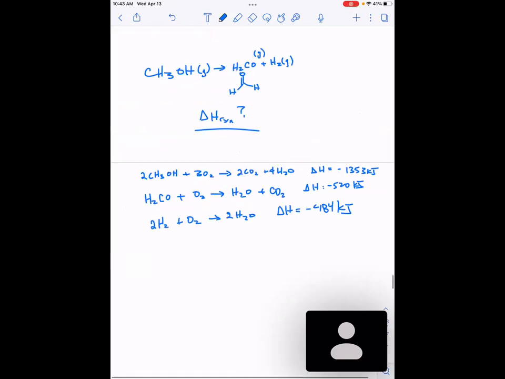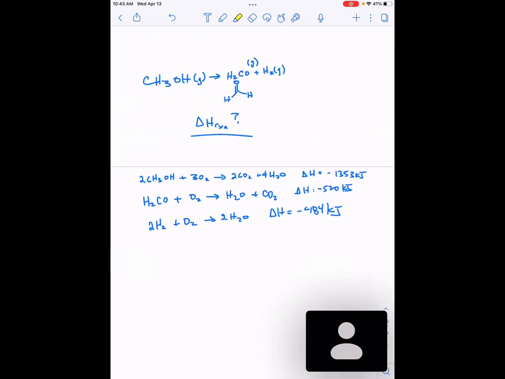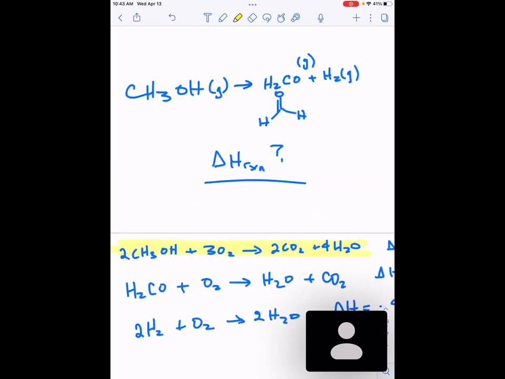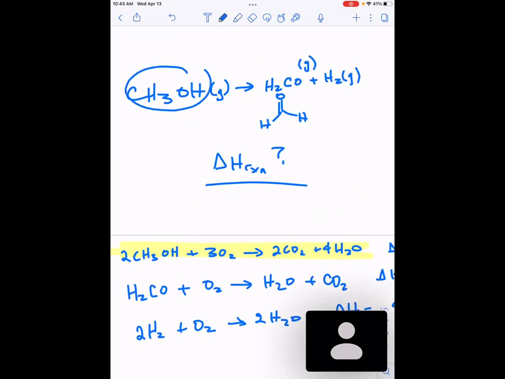You can see right here in this top reaction that includes methanol as the start material. But we also need to include reactions that have formaldehyde included, as well as H2 gas. So we need to find reactions that include this.